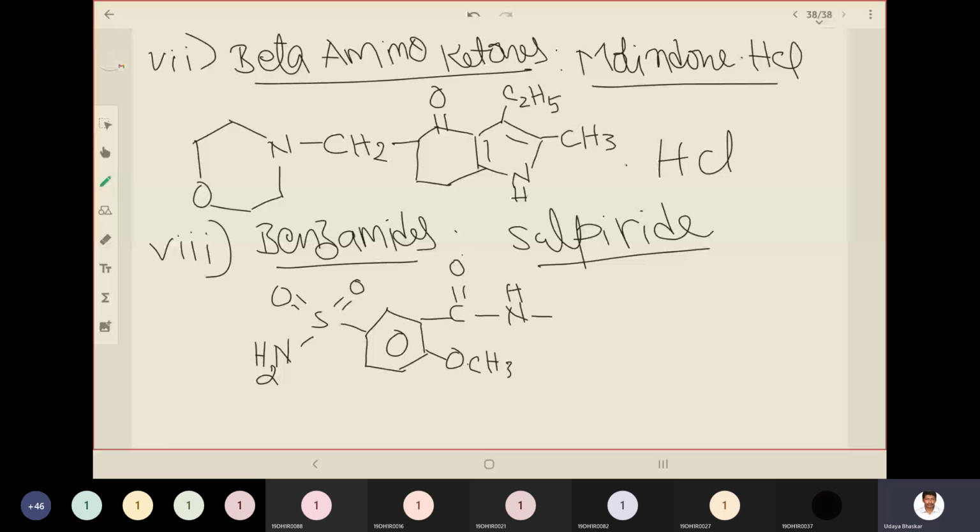So this makes the structure sulpiride. Remember S for sulfur, P for tetrahydropyrrole, and ide for the remaining structure. So with this, we have completed the chemistry of antipsychotics.